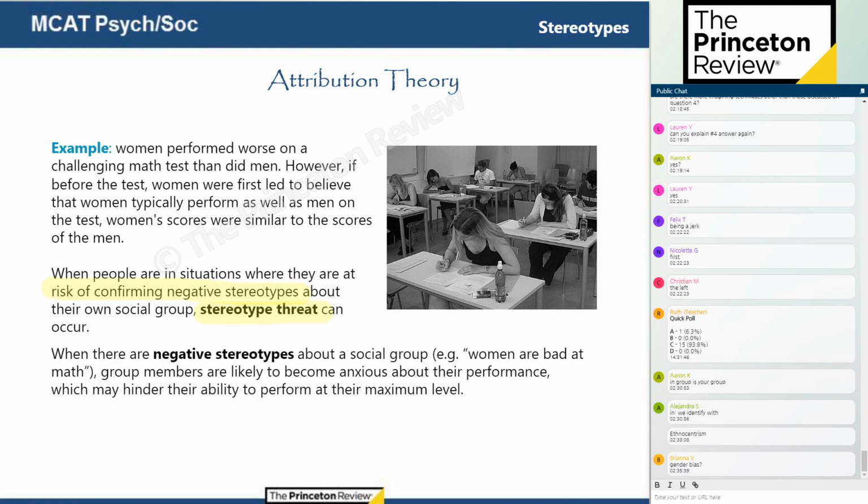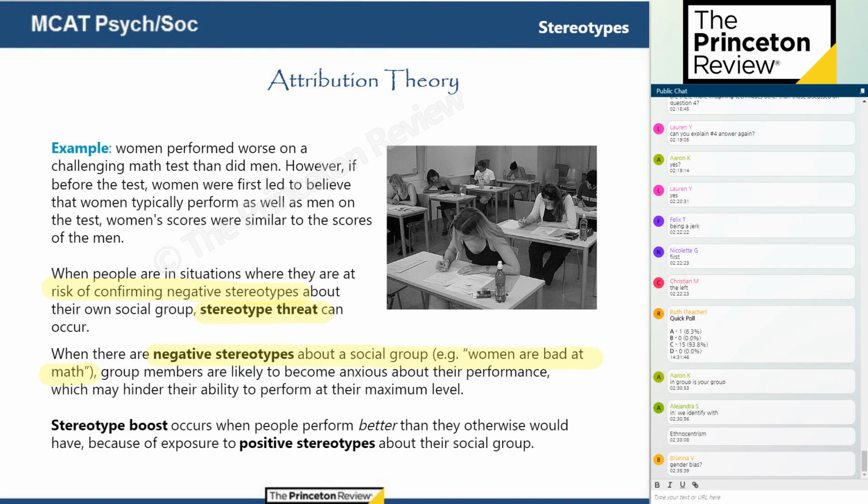It's called stereotype threat. So there's negative stereotype threat. That's the thing about women and being bad at math. But there's also something called stereotype boost or positive stereotype, when people actually perform better than they otherwise would, because that's expected too.